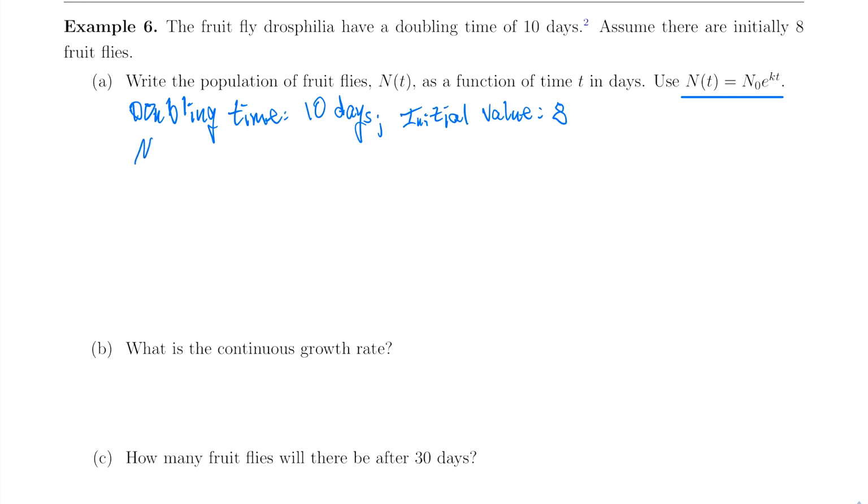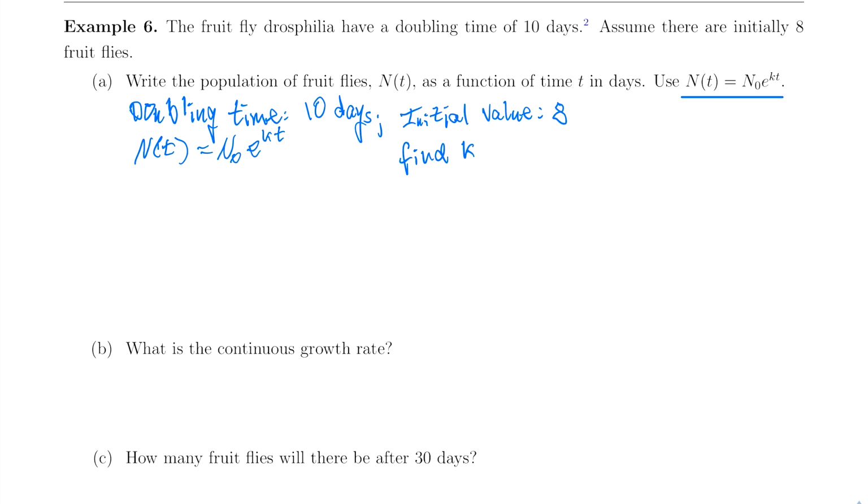Let's write that out first, because that's always a good way to begin, is to just write out the formula in general and then fill in the values that we have. So we do not have the continuous growth rate. So our k is something we are definitely needing to find.